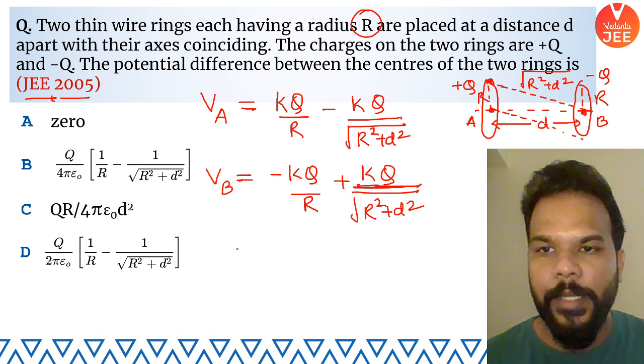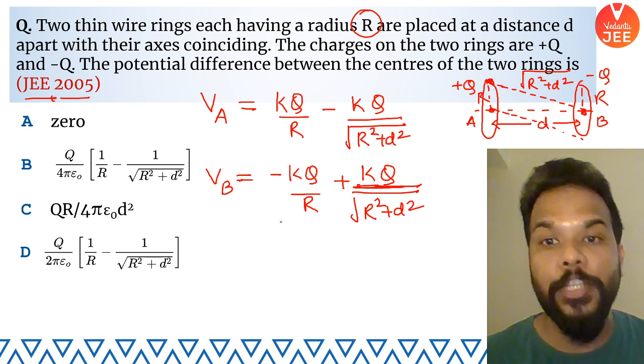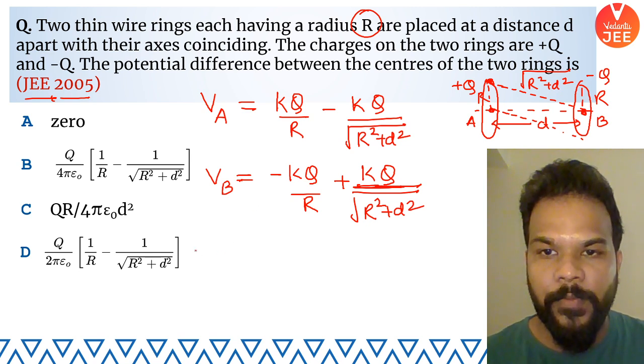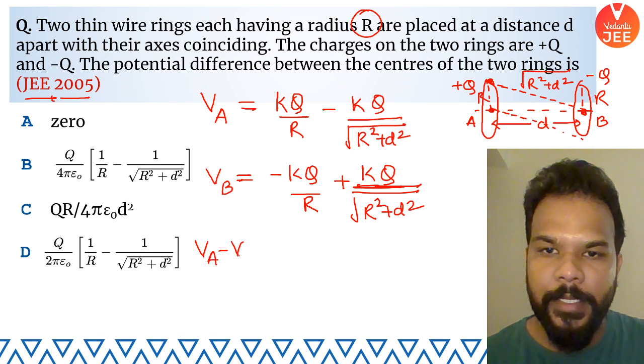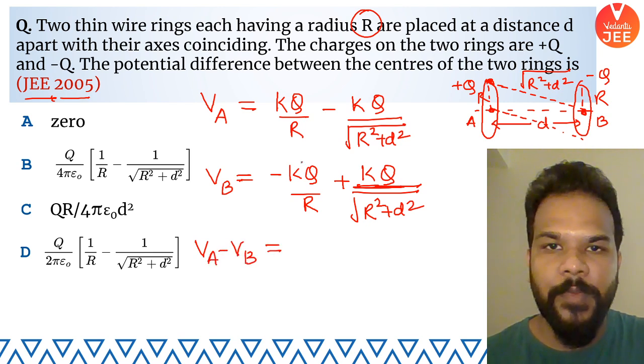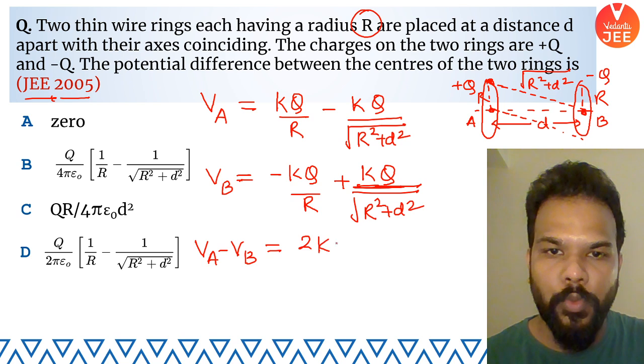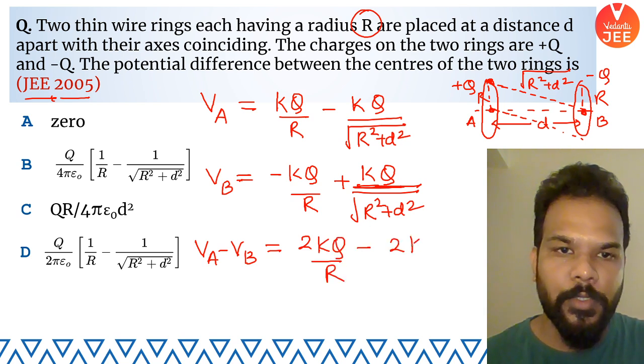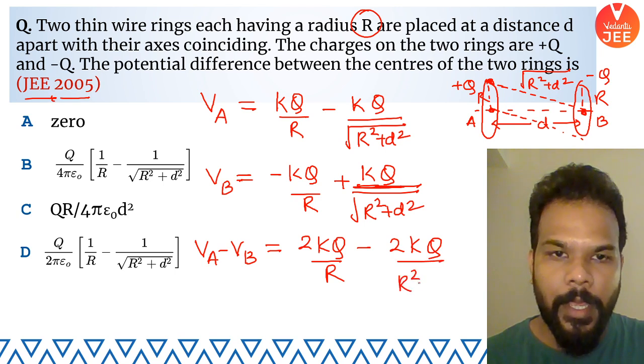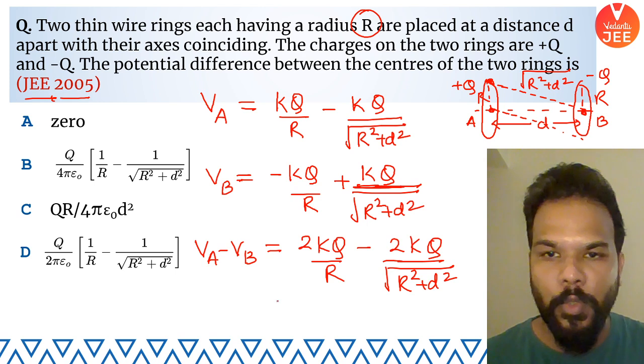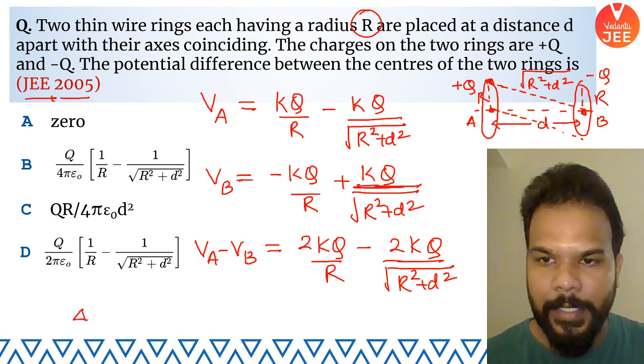Now we need to find out the potential difference. If I find VA minus VB, you can see that this value minus this value will become 2KQ by R, and this minus this will become minus 2KQ by under root of R square plus D square. So if I take 2KQ outside, what do I get as delta V?